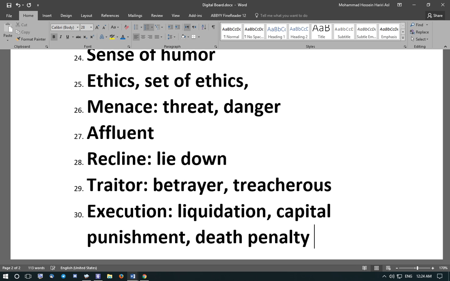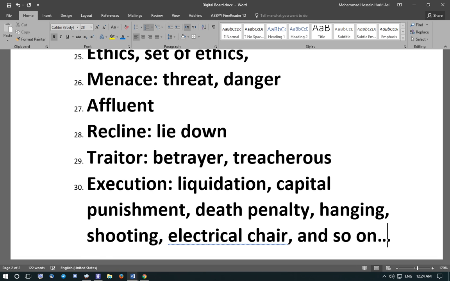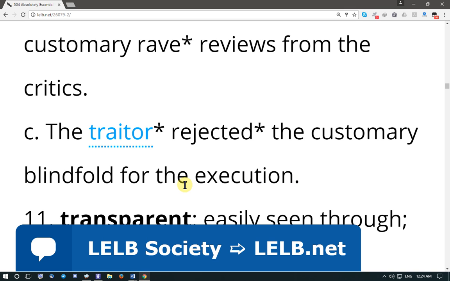For example, by hanging, shooting, electric chair, and so on. So he didn't want to be blindfolded while receiving that capital punishment.